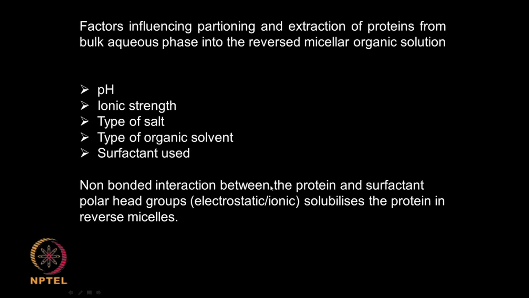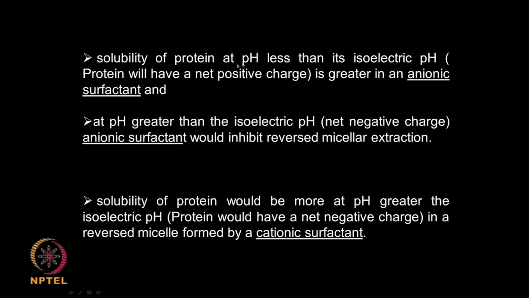There will be a lot of non-bonded interaction between the protein and the surfactant polar head groups. It could be electrostatic or ionic; if the surfactant is ionic, it could be ionic forces and so on. These are the different types of forces that act. Consider the solubility of the protein at pH less than its isoelectric pH. You all know what the isoelectric pH is, right? That is the pH at which the protein will not have any charge.